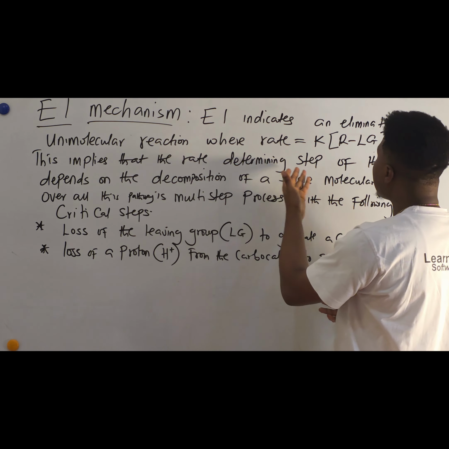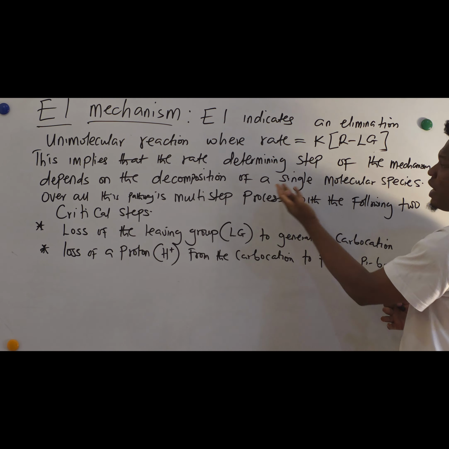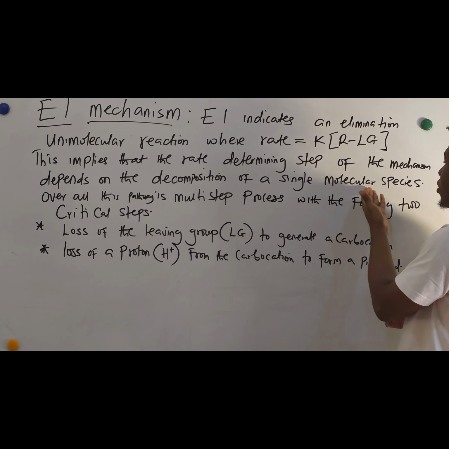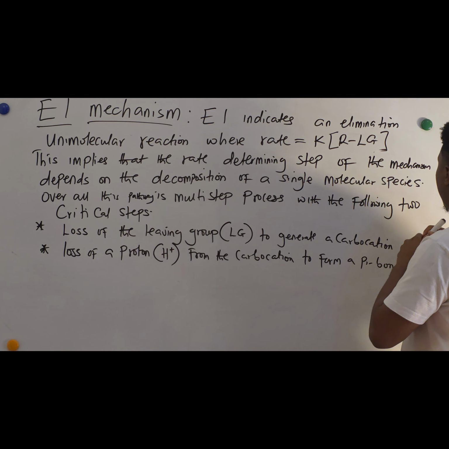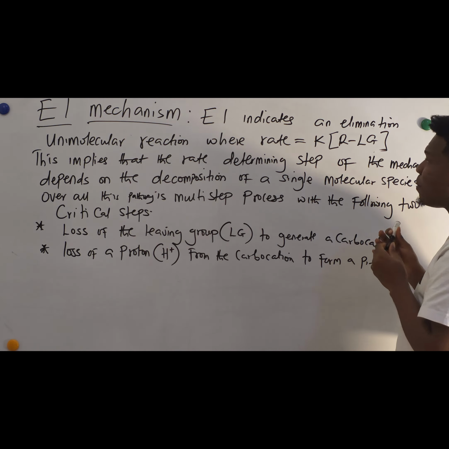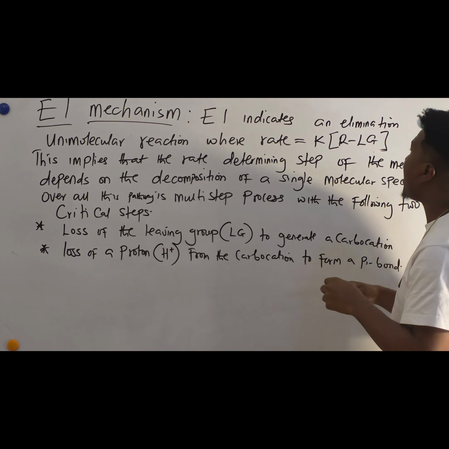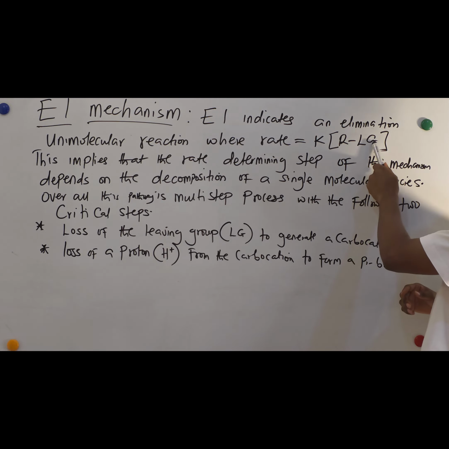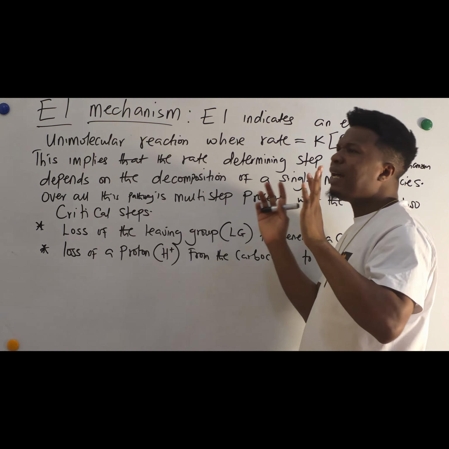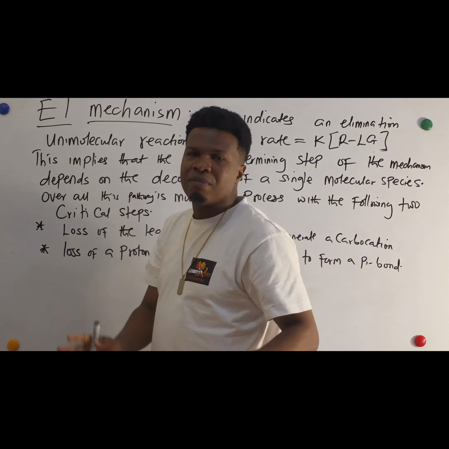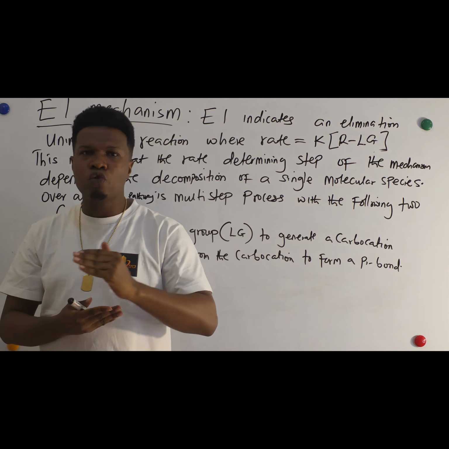The rate determining step of the mechanism depends on the decomposition of a single molecular species. The rate determining step for this E1 mechanism depends on how this one goes, when this one leaves. Generally, the E1 mechanism has two steps.